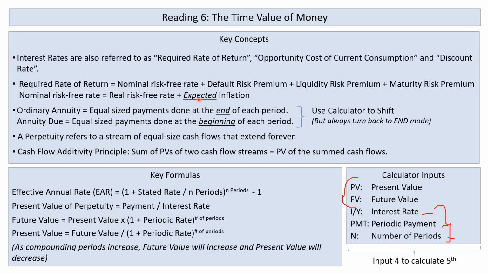So do not get confused, because when we were talking about opportunity cost of current consumption, we were emphasizing that it's current consumption. However, when you're calculating the nominal risk-free rate, it is made up of the real risk-free rate plus the expected inflation over the next period. So this is the first component, the nominal risk-free rate, and then we have to add to it certain premiums.